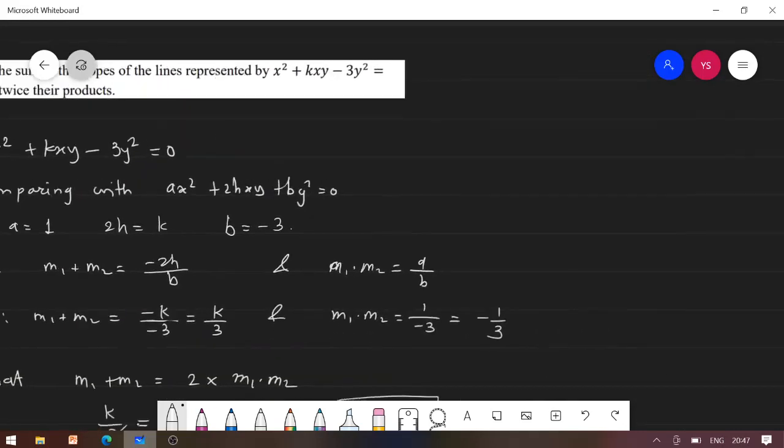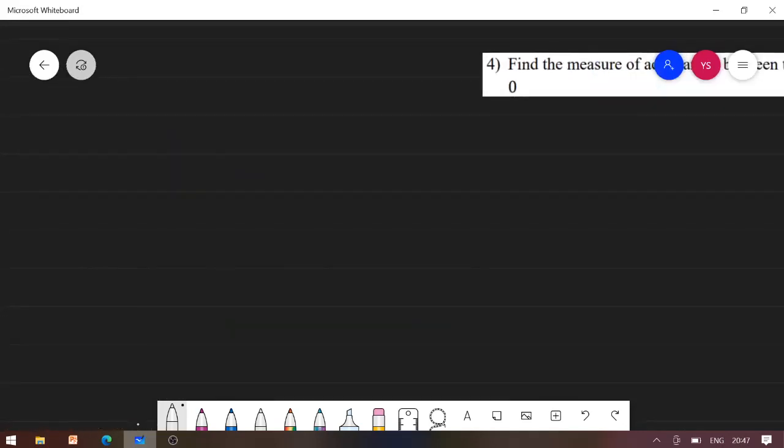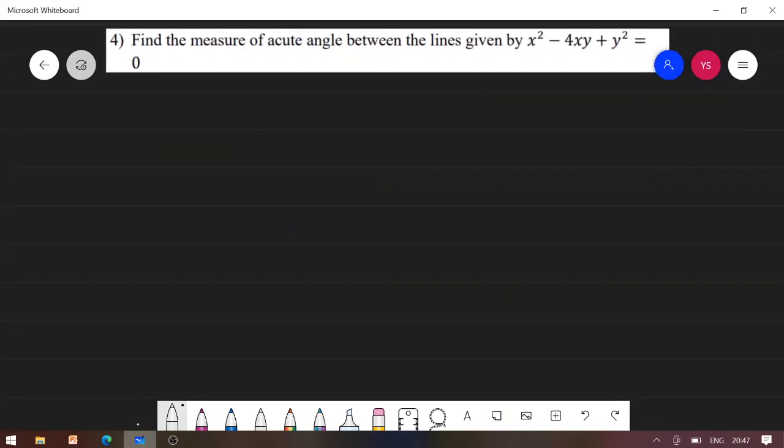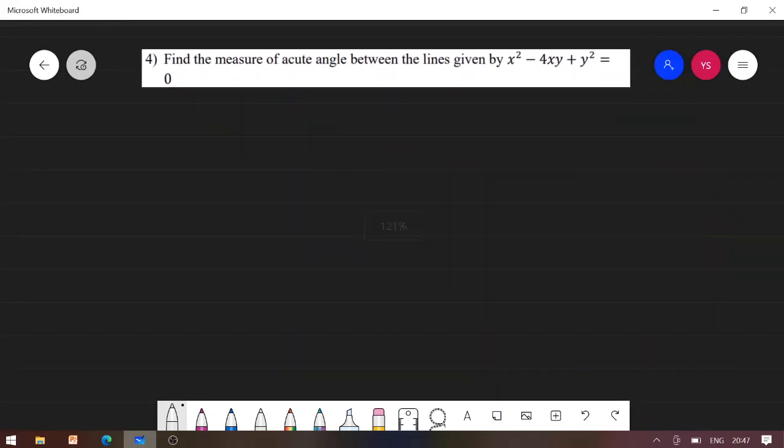Look at the next question now. We are having, find the measure of the acute angle between the lines given by x square minus 4xy plus y square equals to 0. We are finding the acute angle. So let's compare.